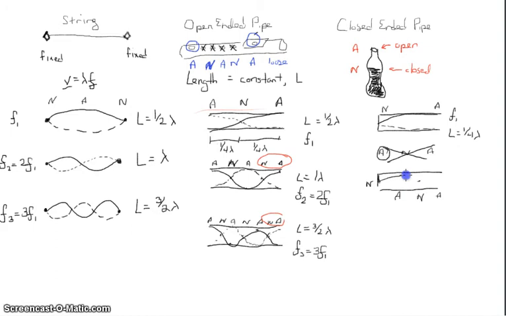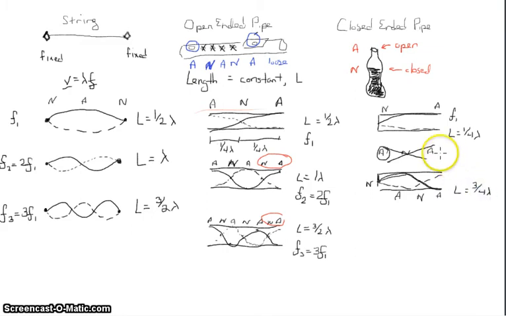So the standing wave pattern will look as follows, where you have one whole loop and one half of a loop. Well, if I have one whole loop and one half of a loop, this would be L is 3 halves the wavelength.